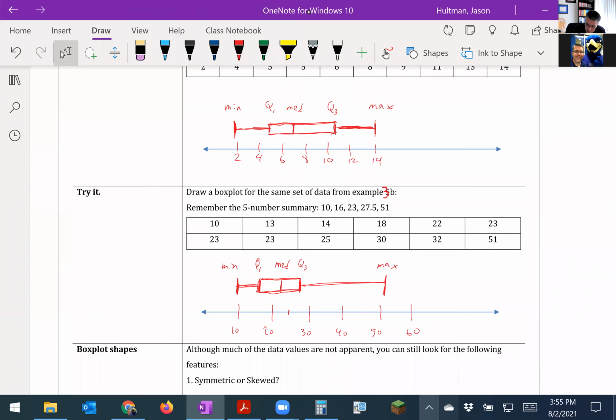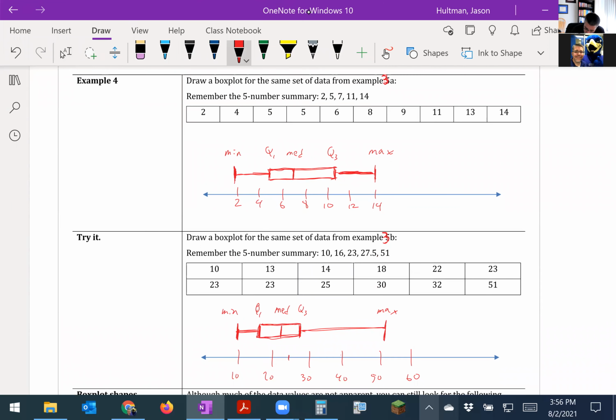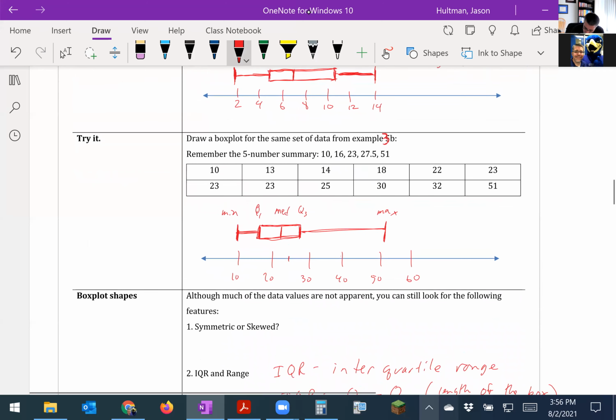Up here, for our previous example, example 4, for A, the box went from say 5 to 11. So the length of the interquartile range was Q3 minus Q1, which is 11 minus 5, so a length of 7. Here, the box goes from 16 to 27.5. So what's the length of that box? 27.5 minus 16.